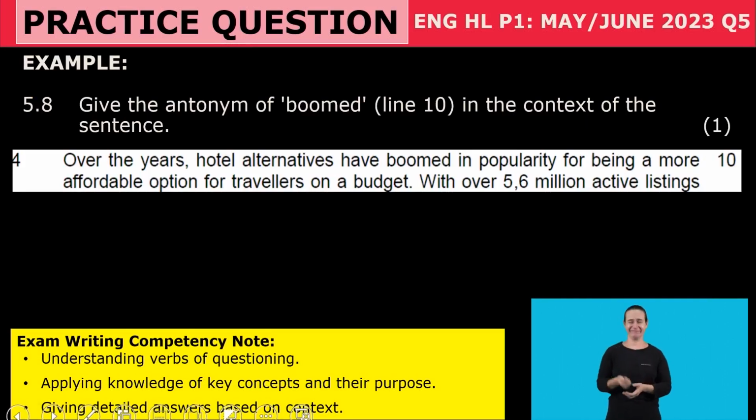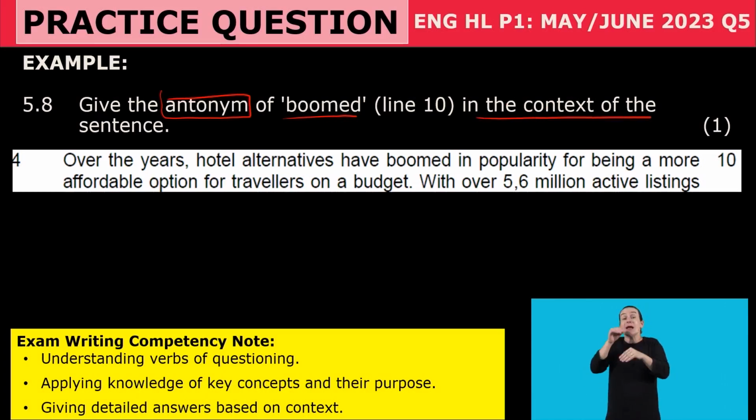Question 5.8, give the antonym of boomed in line 10, and then very, very important, grade 12s, the question says in the context of the sentence. So first go and find boomed and analyze what it means in that sentence and then provide an antonym. Over the years, hotel alternatives have boomed in popularity.